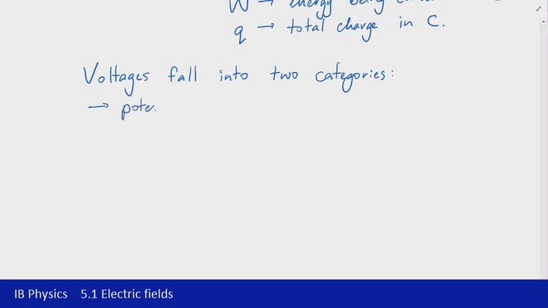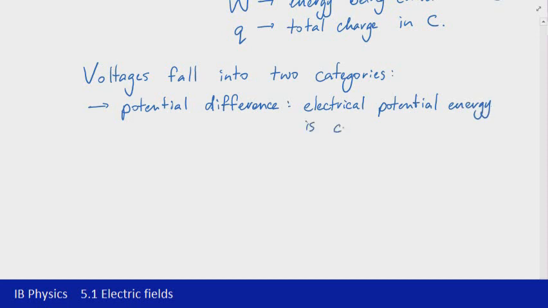The first one being potential difference, and so that's where electric potential energy is converted into other forms. So you would talk about the potential difference across a light bulb, for example. There are lots of other situations where electric potential energy can be converted to other forms, and we'll have a look at the example of resistors in a fair bit of detail in the next few topics.